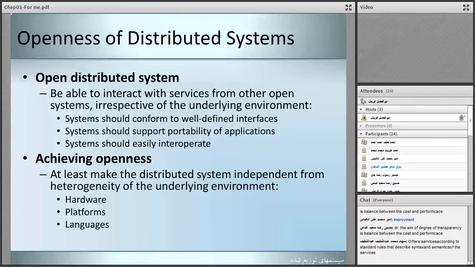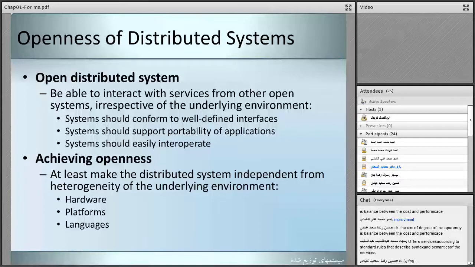If we want to make our distributed system open, we have to provide services in standard protocols. Standard rules. In these protocols, syntax and the definition of services are clear.